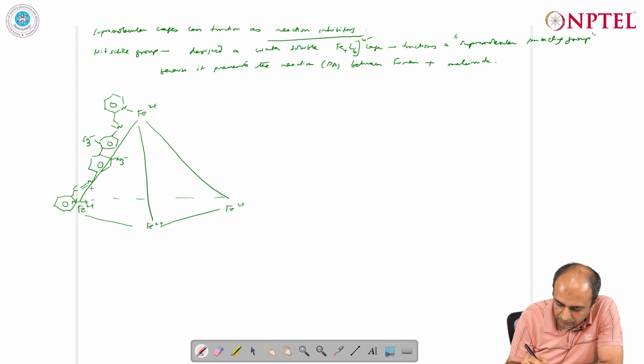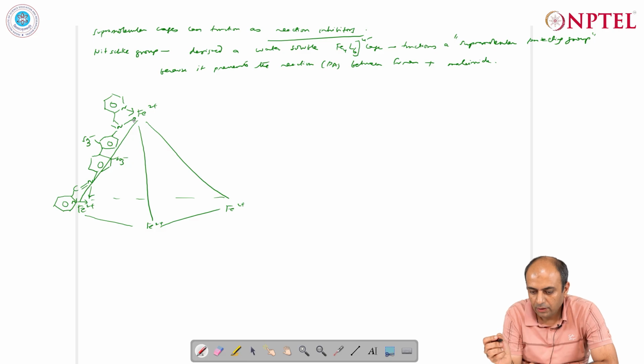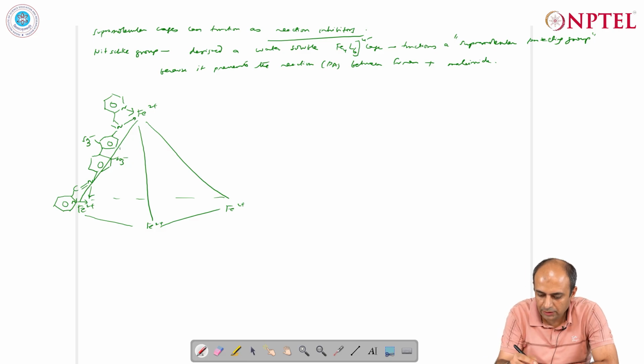So, this will bind here, this will coordinate here, this will coordinate here, and this will coordinate here. So, we will have 6 such ligands on the 6 edges 1, 2, 3, 4, 5 and 6.